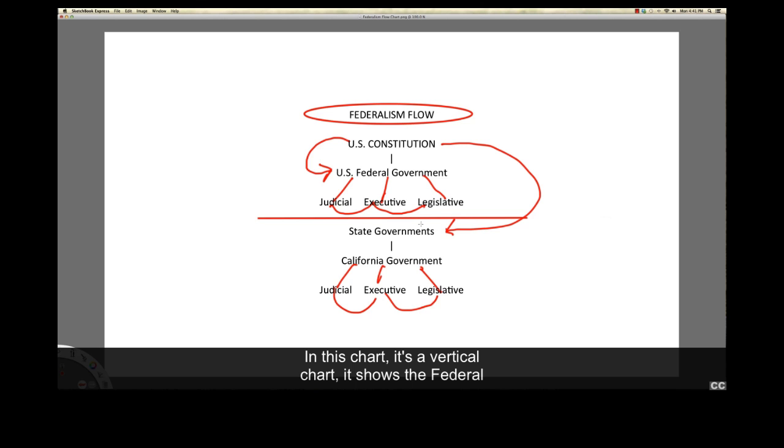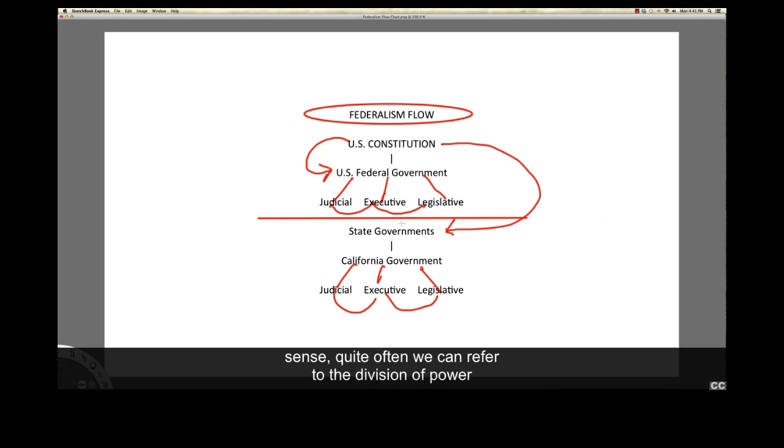In this chart, it's a vertical chart. It shows the federal government above the state governments. And in many cases that is true, because we know the Supremacy Clause says that if there's a conflict in areas where both the state government and the federal government are allowed to legislate, that federal law and constitutional law will always prevail. Okay, but there are many areas of state government that the federal government is not allowed to touch.